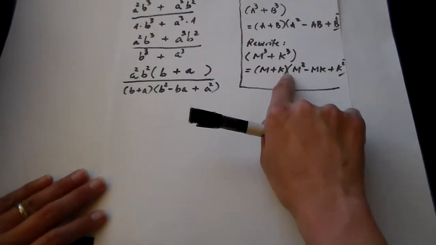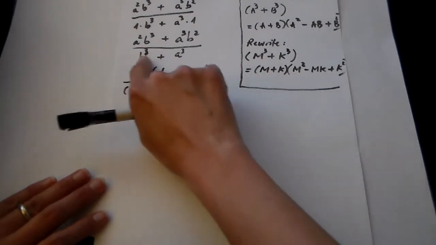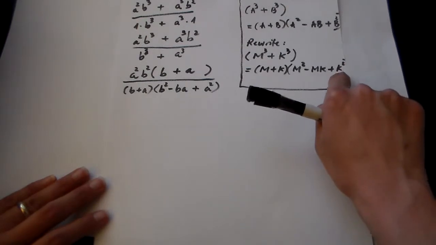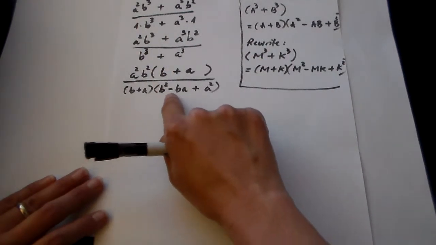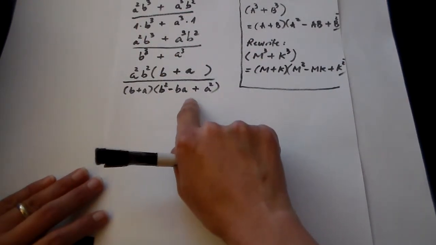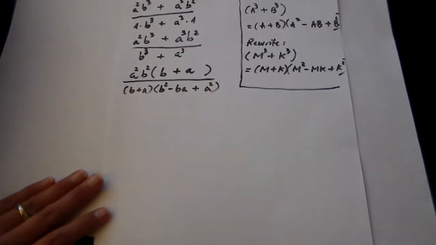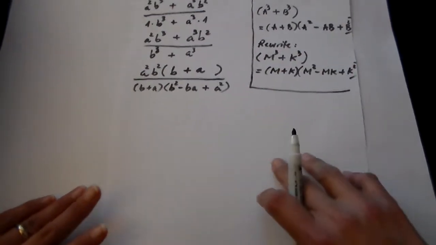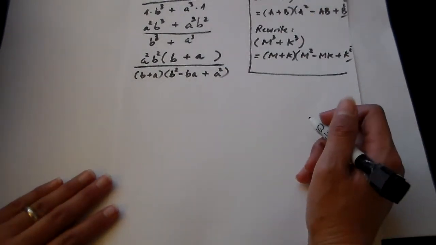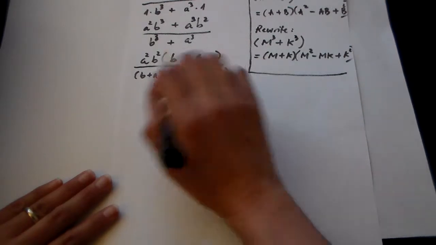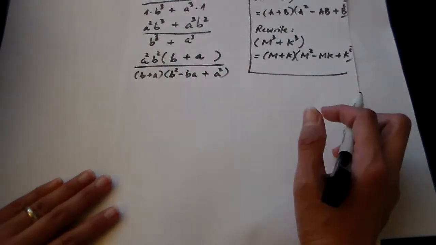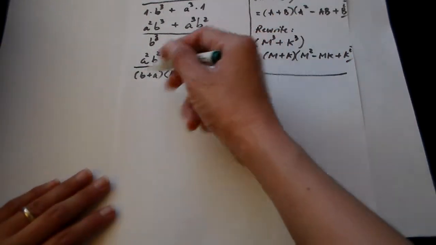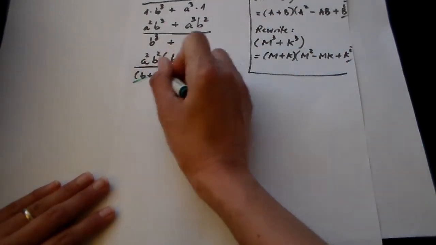Using this formula, m plus k means b plus a, and m squared minus mk plus k squared comes from b squared minus ba plus a squared. They are the same formula, just different letters. Alright, so we got to this point. Now look at the top and bottom, and see if you can simplify anything as much as possible. It turns out b plus a on top and b plus a at the bottom can be cancelled out.